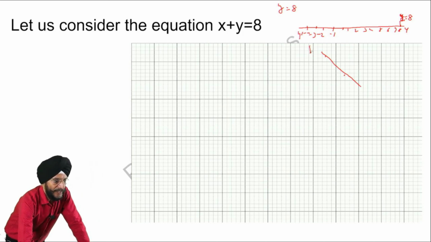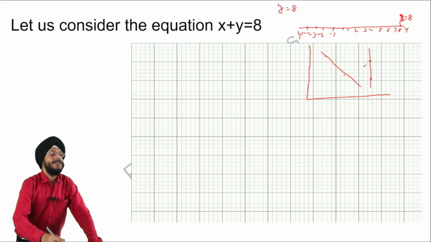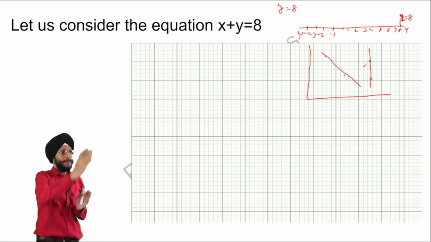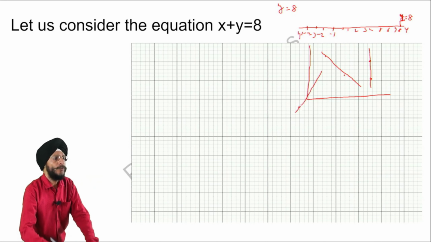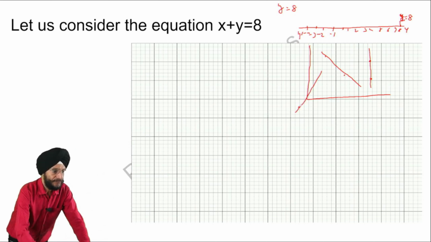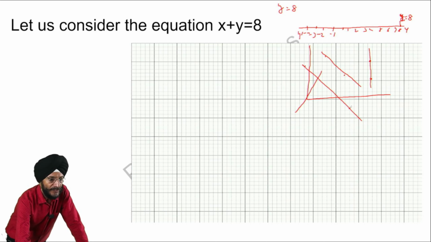The graph can take the shape of, say, this one, or it can take the shape of this one, because if the points we have found are this and this, then it will take the form of a straight line. It can also take this shape if the values are in negative. It can also take this shape if the values are here and here.